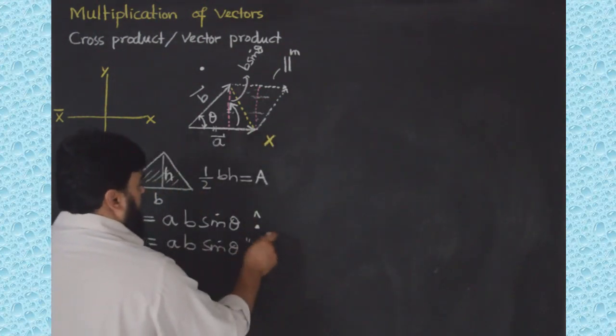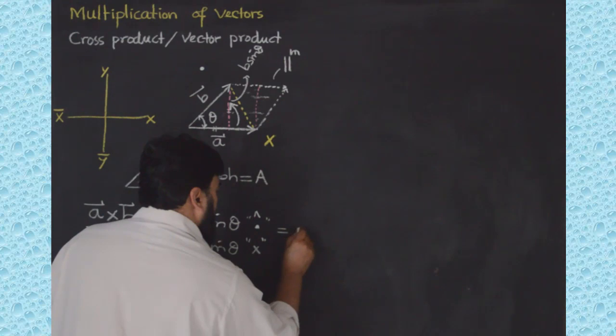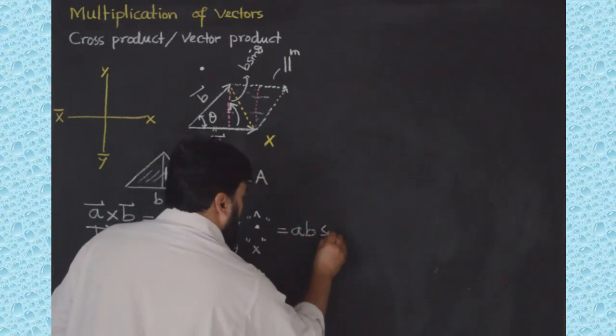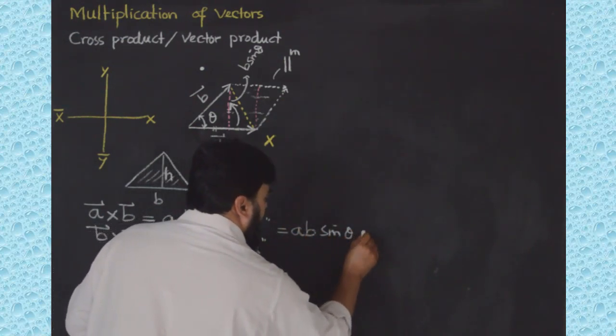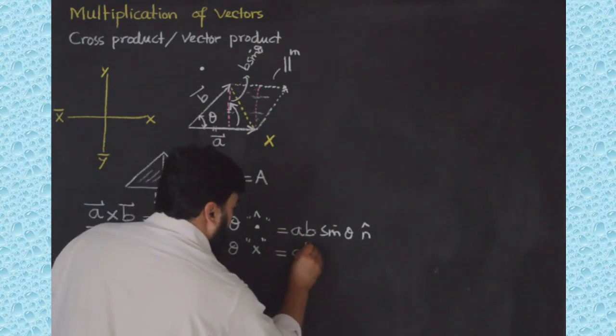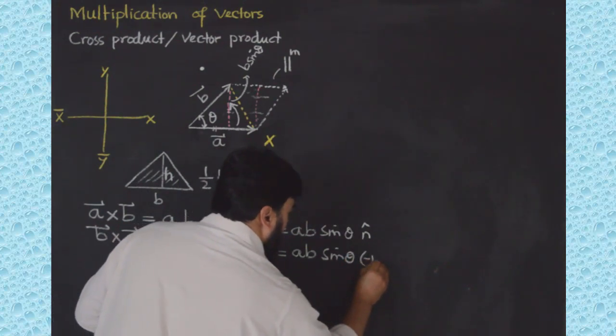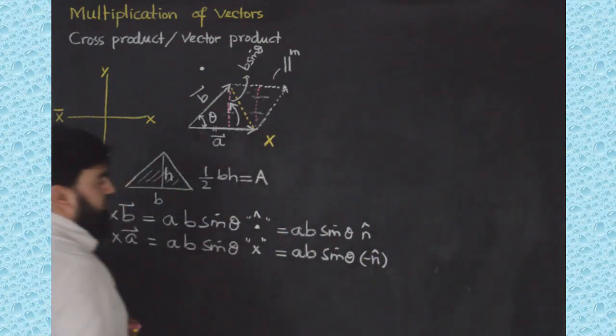So it is better, instead of writing it like this, I write it as AB sine of theta n hat, and then this one will be AB sine of theta and minus n hat.